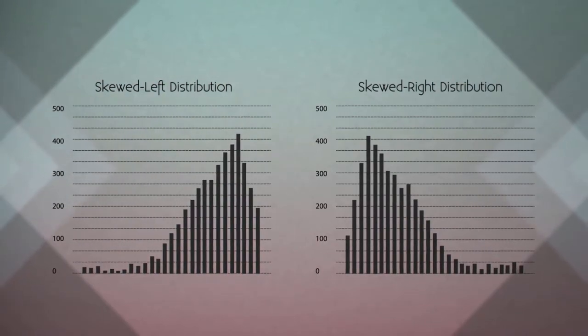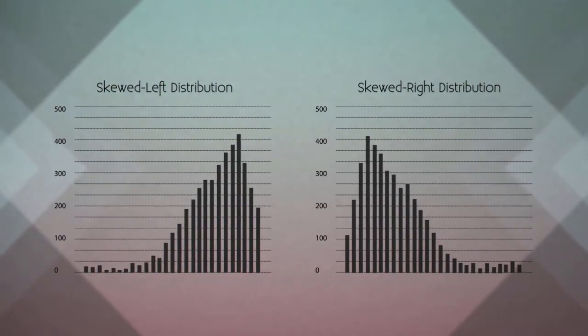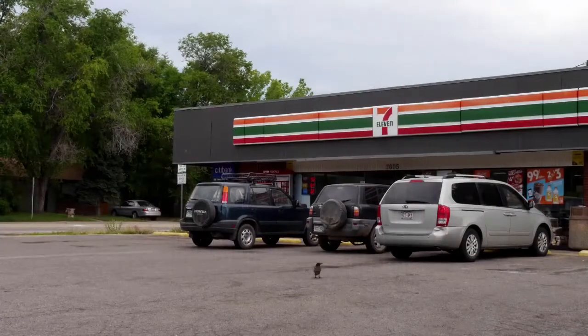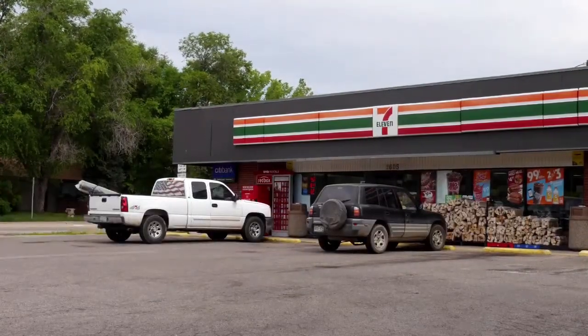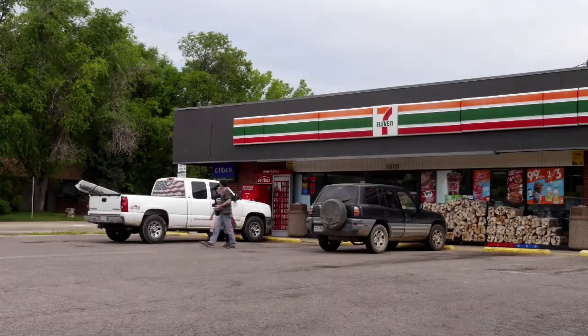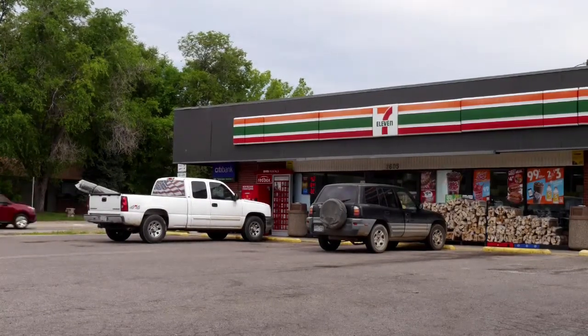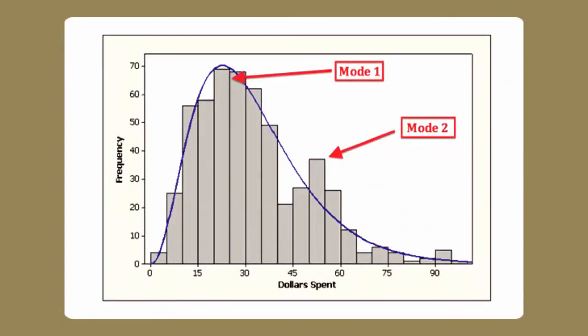Skewed distributions can also be bimodal. Here's an example. A medium-sized neighborhood 24-hour convenience store collected data from 537 customers on the amount of money they spent in a single visit to the store. The histogram displays the data. You can see that the amount of money spent is concentrated around $20, and then concentrated again around $50.